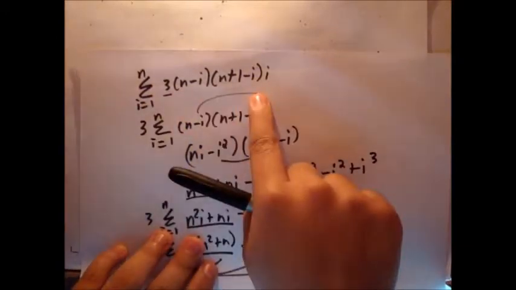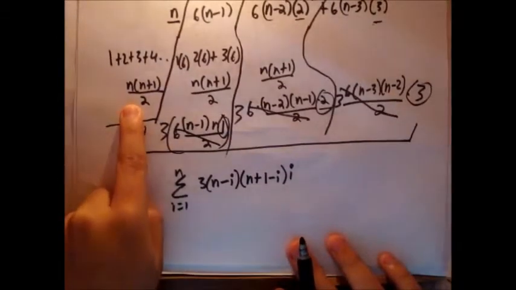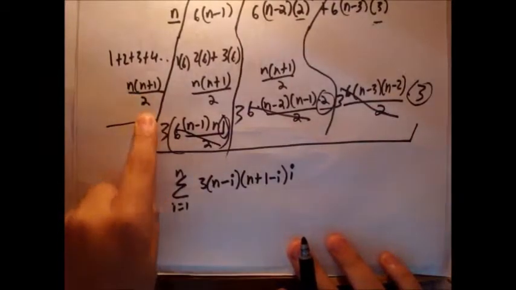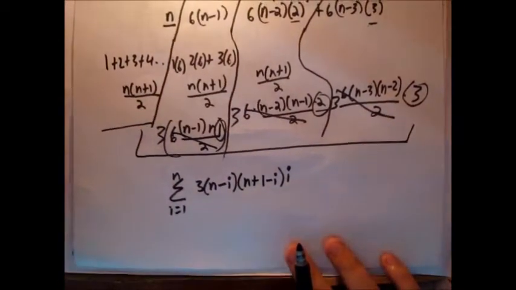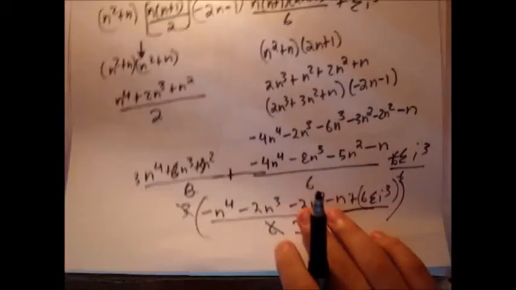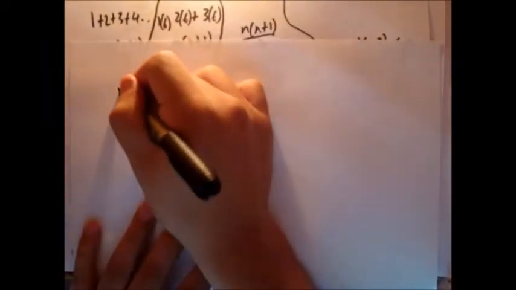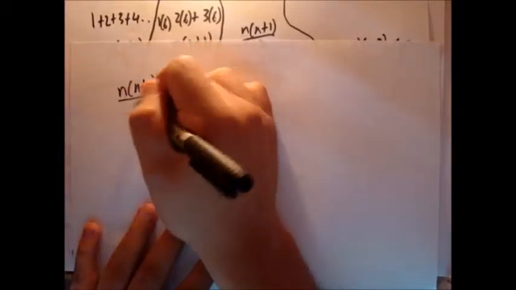Now, remember, we took into account the 1's right here, using n plus 1 divided by 2. We told you just to forget about it. Well, now we're going to have to add it to this. It's just this and that, and we're almost done. So let's go for it. Remember that the 1's were represented with n plus 1 divided by 2.